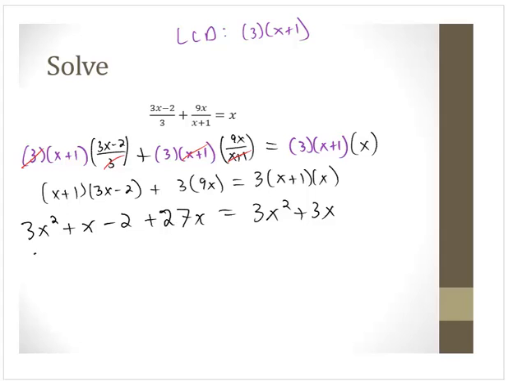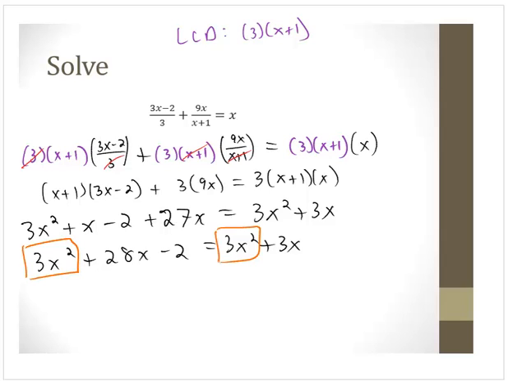Simplifying, I'd have 3x squared plus 28x minus 2 is 3x squared plus 3x. Notice that those 3x squareds, if I subtract 3x squared from both sides, those terms go away, leaving a linear equation in x.